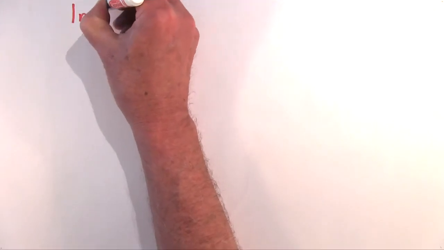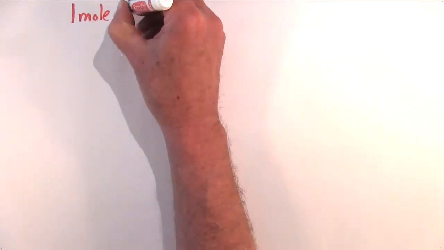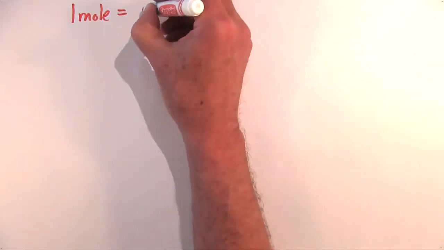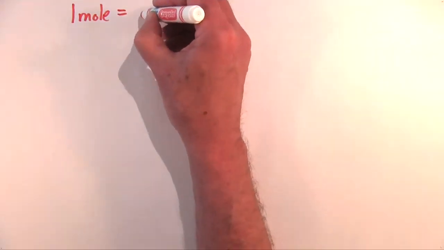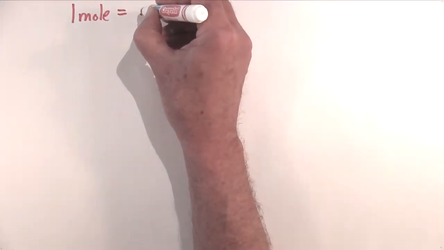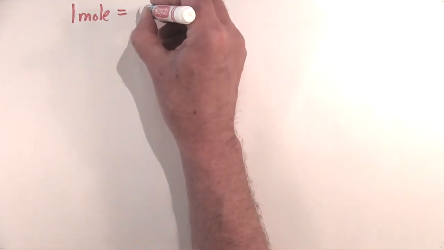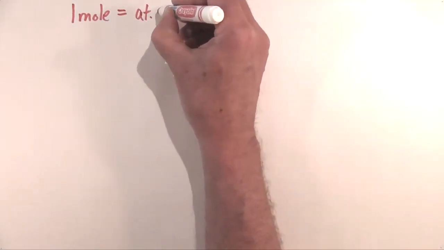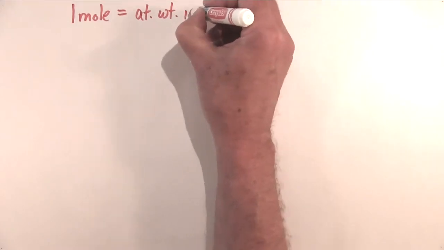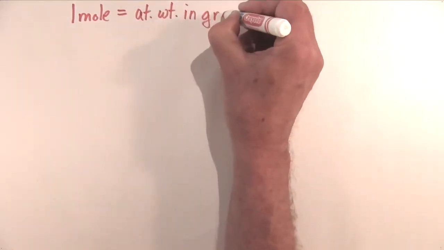So the story so far now is that a mole is a lump, okay? And we said that it was equal to the number of grams in the atomic weight. So the atomic weight in grams.